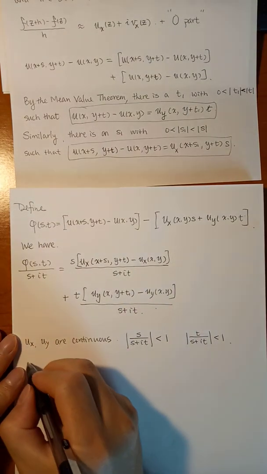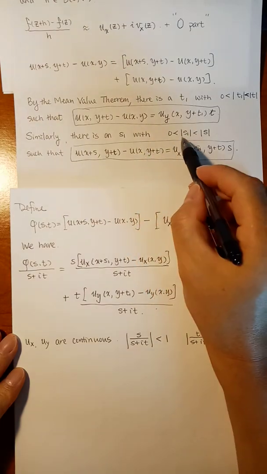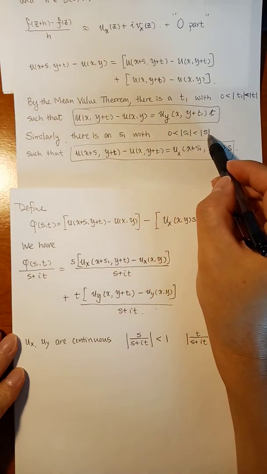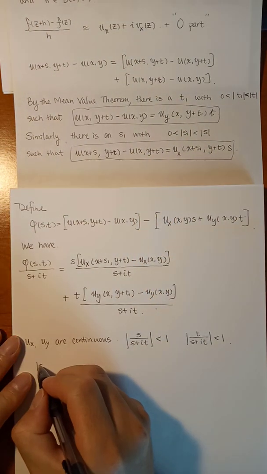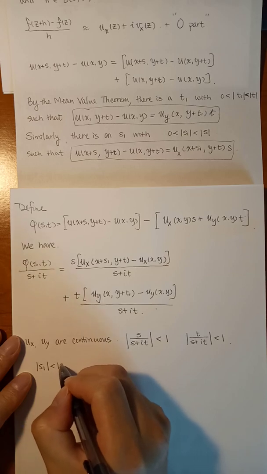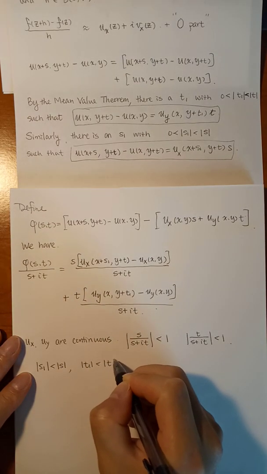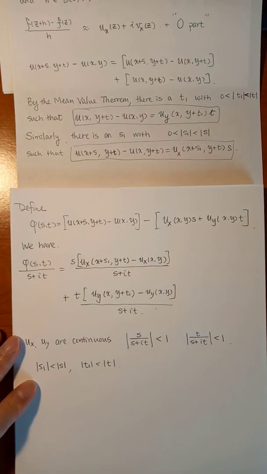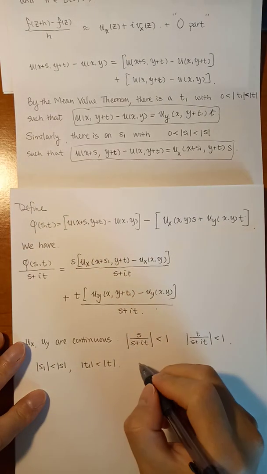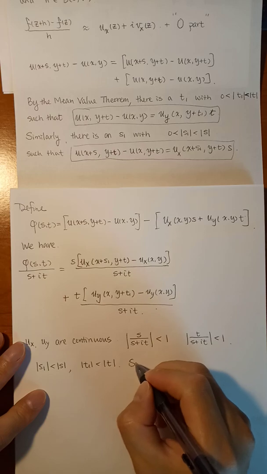And we already know that the absolute value of s1 is less than s, and the absolute value of t1 is less than the absolute value of t. So what we get?